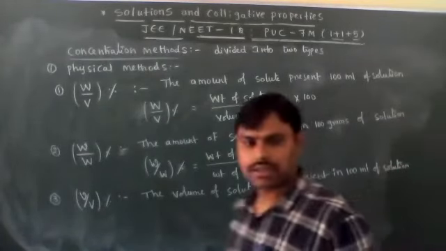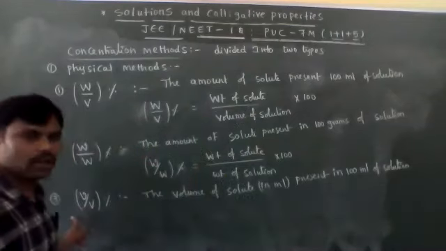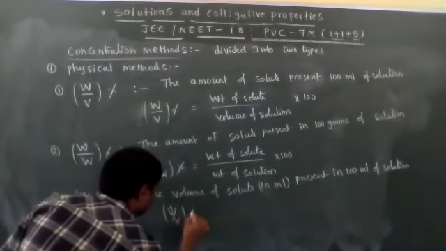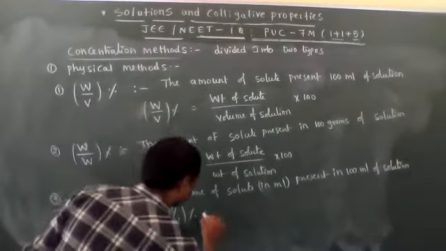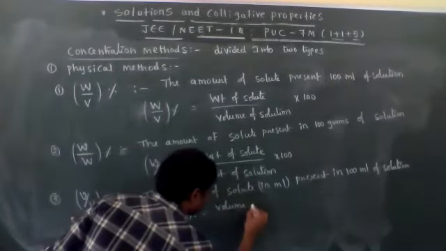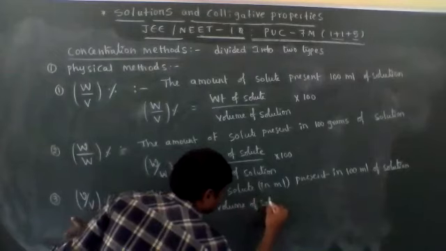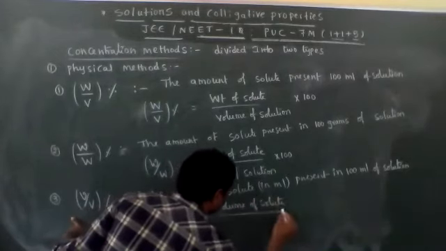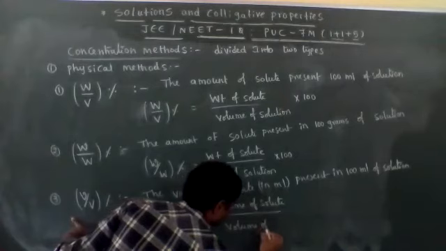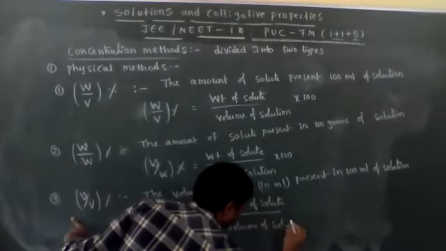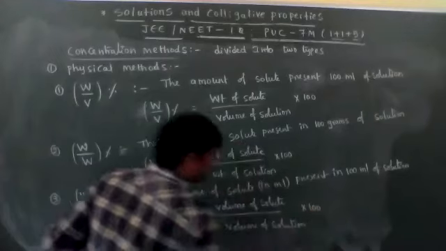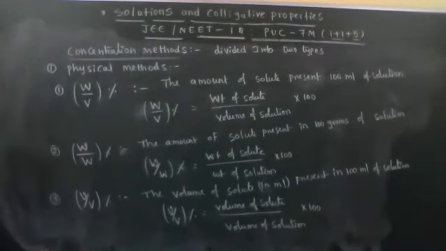This is called volume by volume percentage. So volume by volume percentage is equal to volume of solute divided by volume of solution, into 100.